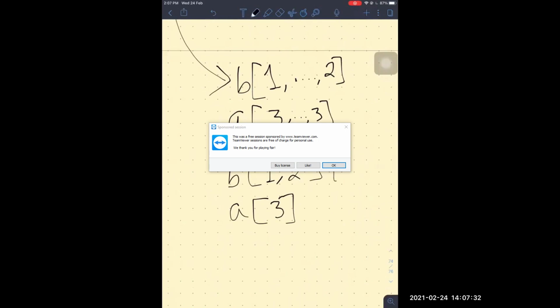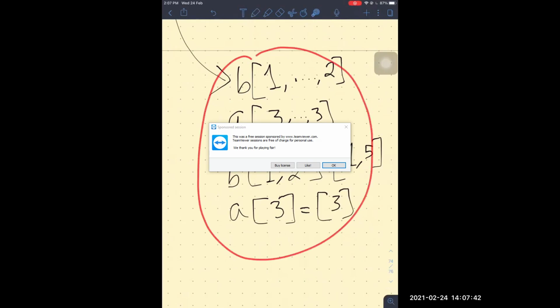So we have here 1 and 5, and for A it is just 3. Is it clear? How are we getting this thing?